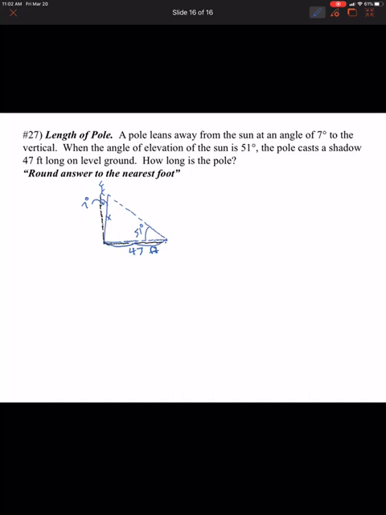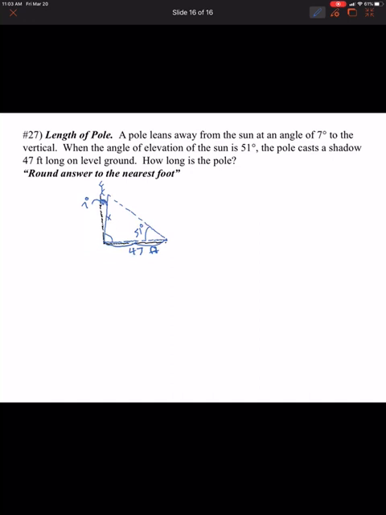Now we've got this triangle here in blue. It's an oblique triangle. We have one angle and one side: a 51-degree angle and a 47-foot side. Let's find the other information and calculate this angle. Remember, we have this angle that's 7 degrees off the vertical.